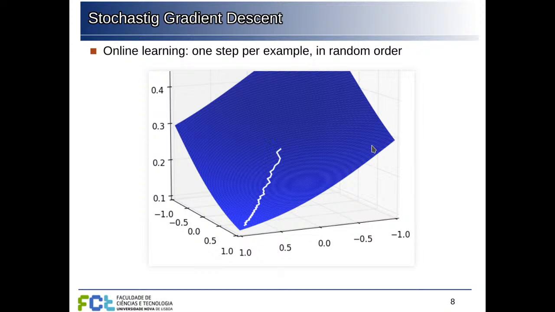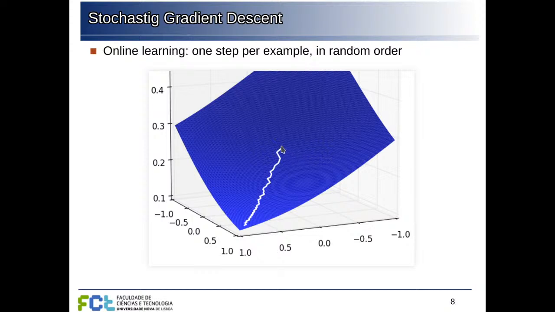One way of doing this, we could present one example, compute the direction of the step, take the step there, then present another example, compute the direction of the derivative for going down this surface for another example, and so forth. Note that this surface would be for the average error over all the training set, but each example in the training set is only contributing a bit to this surface.